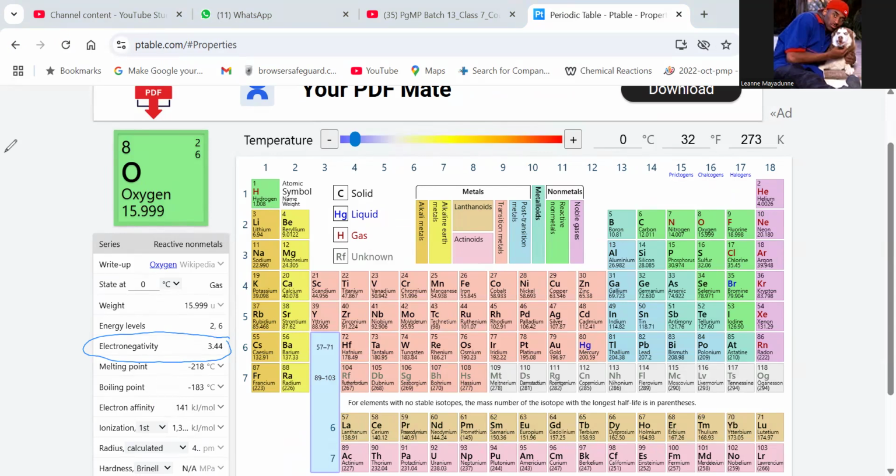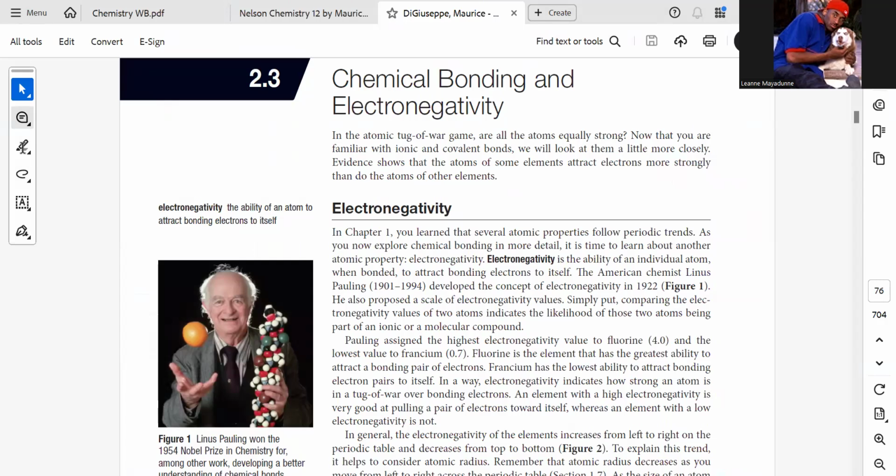Let me go back. Oh no, I lost the structure. So I have hydrogen and oxygen. This is the Lewis structure. If you draw it rightly, you will get this structure. The value of hydrogen is around 2.1 and that of oxygen is around 3.5.